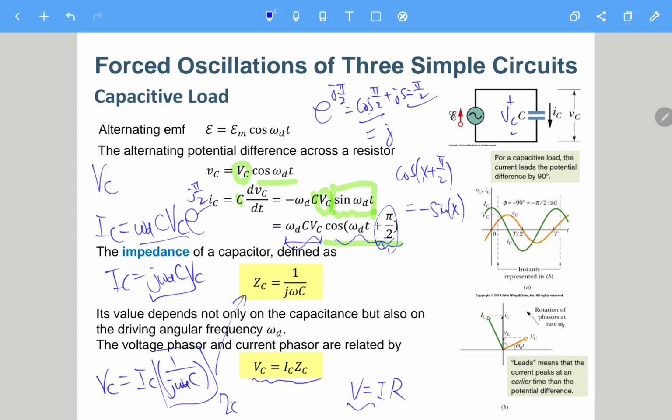This is what we want. We hope even for RLC it has the same thing. Z_C is 1 over j omega C, just a complex number, actually a pure imaginary number. If you move this j to the top, it is like negative j over omega C, but usually I will use 1 over j omega C.